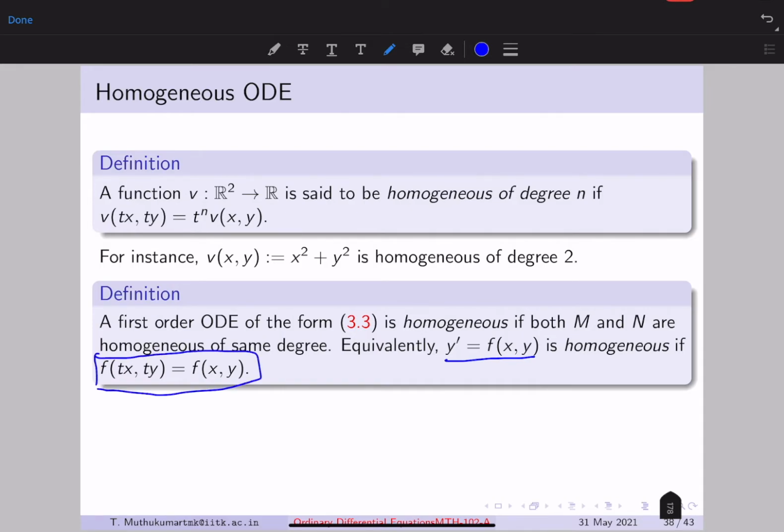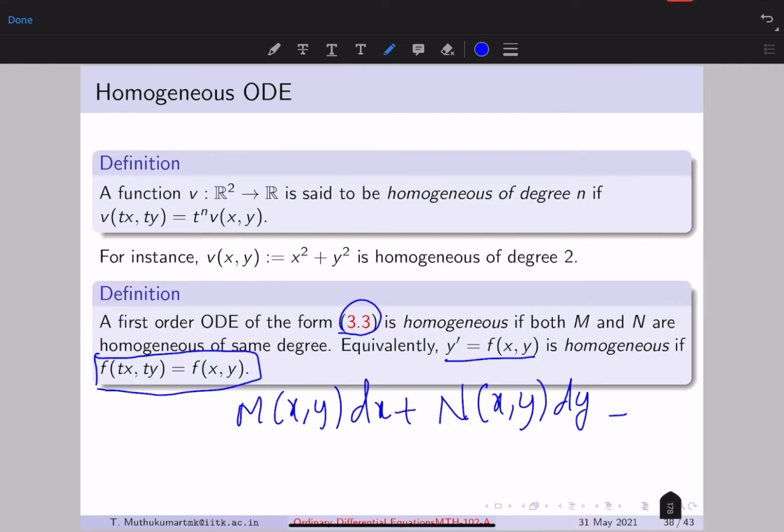Basically, equation 3.3 is a differential form: M(x, y) dx plus N(x, y) dy equal to 0.